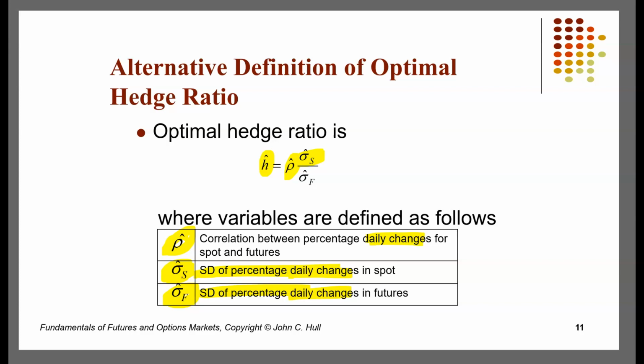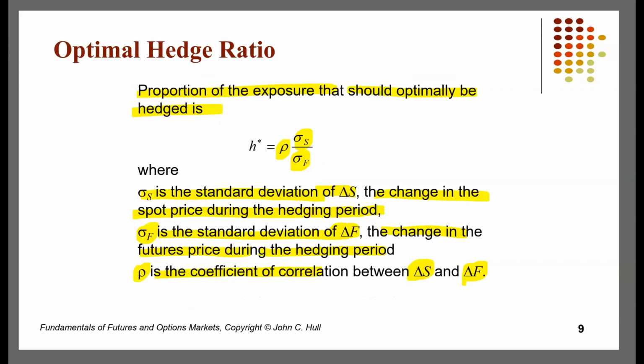Early on, we didn't have to worry about that, but remember the definition of our hedge ratio earlier: a change in the spot price during the hedging period. This hedging period is not 1 day. When we correct that for a change in the spot price for the day, we are effectively working with the futures contract, and accounting for that daily settlement.